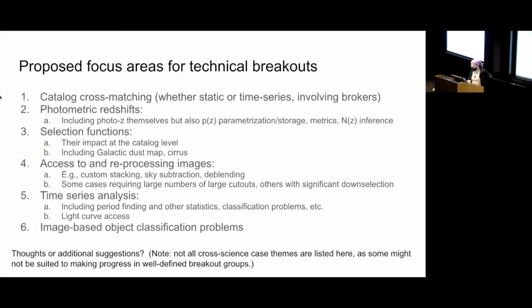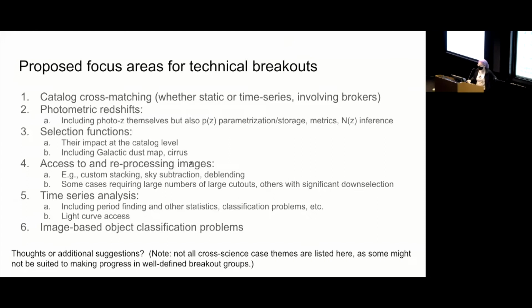There were 2 other things you could think of as catalog-level things you might want to quantify: the photometric redshifts, including a variety of different aspects, and selection functions and how those will be quantified and described. Then there's access to and reprocessing images.